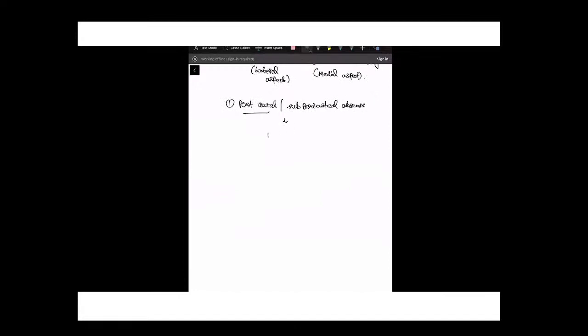The name says postaural. If the cholesteatoma breaks the mastoid bone and comes out behind the pinna, it is known as postaural or subperiosteal abscess.